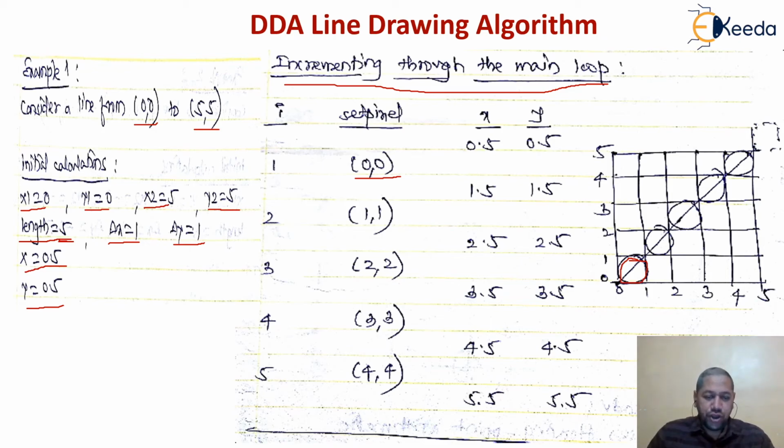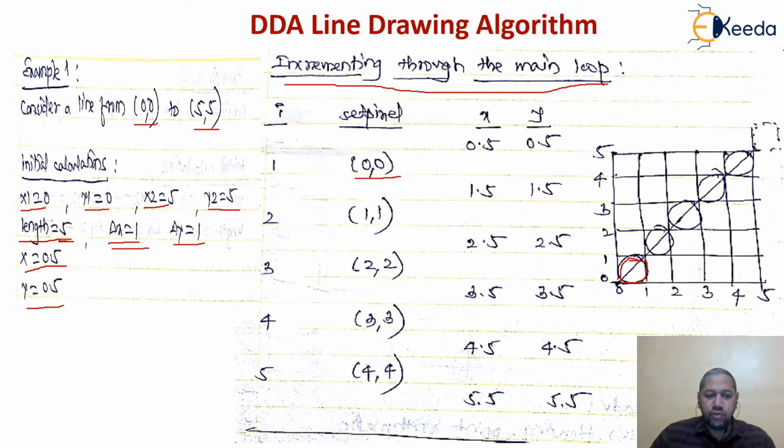Then incrementing through the loop, I will check the condition here, whether my I value is less than length. I value is 1, length is equal to 5. So I is incremented, and I will get I equal to 2. Now in my while loop, x is equal to x plus delta x.